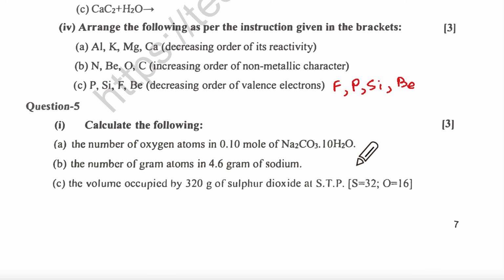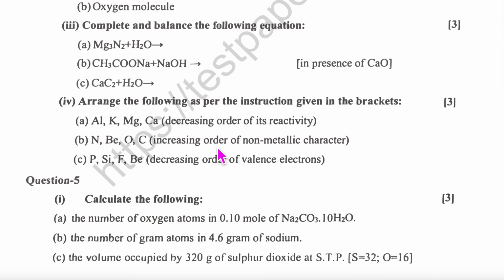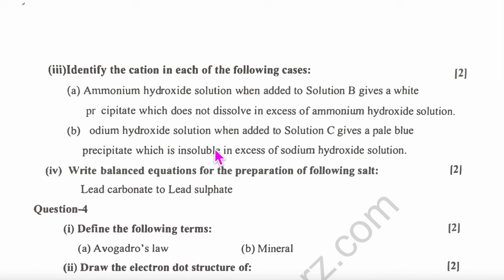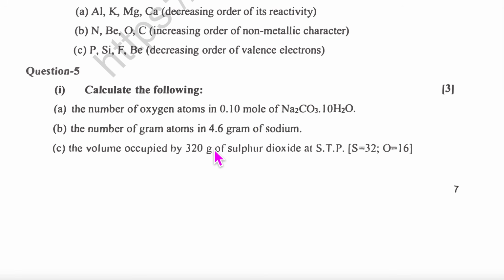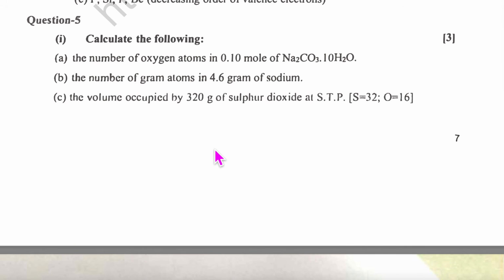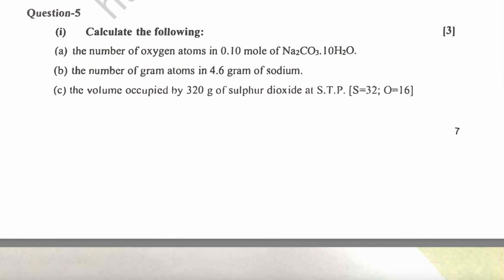Okay, calculate the following. So far we finished 2 questions in section 2, approximately 15 minutes, which is good. Let us go fast. Number of oxygen atoms in moles. So you are going to have moles and atoms, correct?